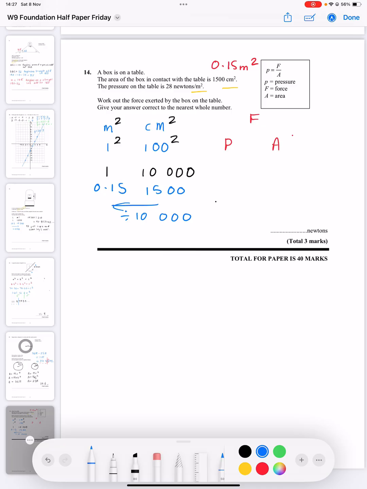So we know that the pressure is 28 newtons per metre squared on an area of 0.15 metres squared. Force equals pressure times by area. So we're going to multiply those numbers together to get an answer of 4.2. And then we're going to round that to the nearest whole number, which is 4.